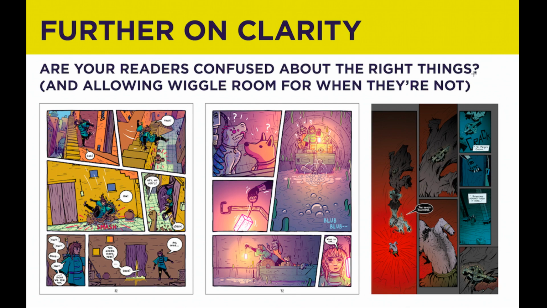So, further talking about clarity and trying to enhance the correct order in which to read panels and trying to avoid confusion. Starting with this page on the right here, this is a page from my comic Romulus and Remus, and this is a sequence where I wanted things to feel intentionally confusing.